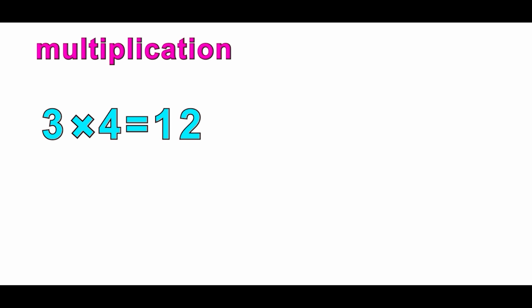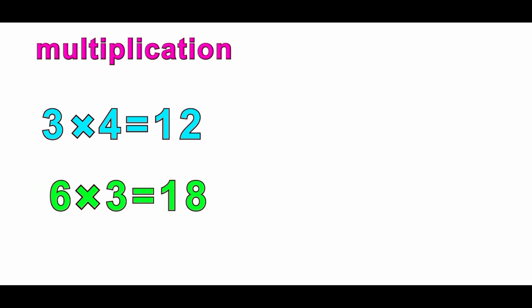And if you wanted to explain this to someone, you could say, if you multiply 3 by 4, you get 12. Or another example, 6 times 3 equals 18. Or you could say, if you multiply 6 by 3, you get 18.